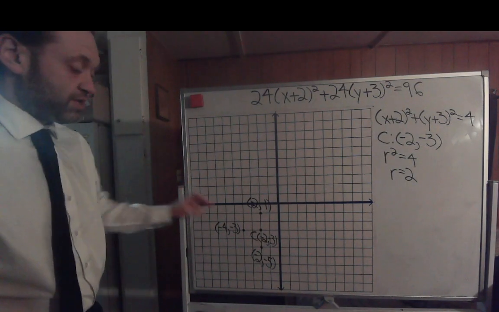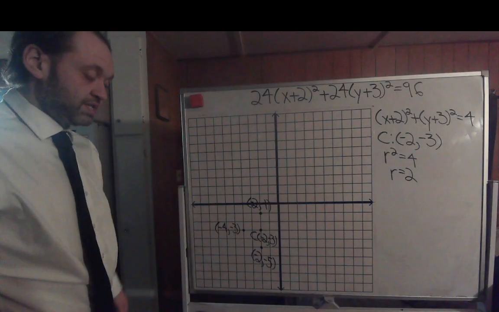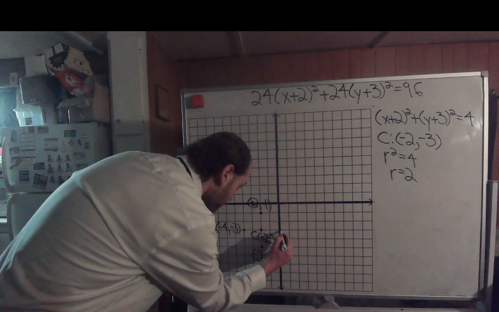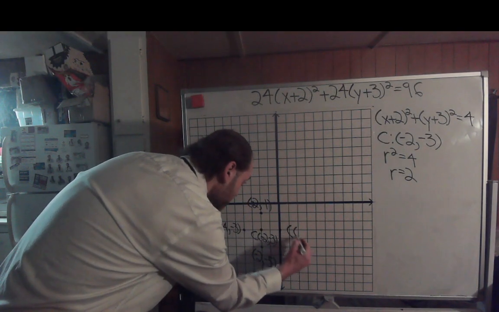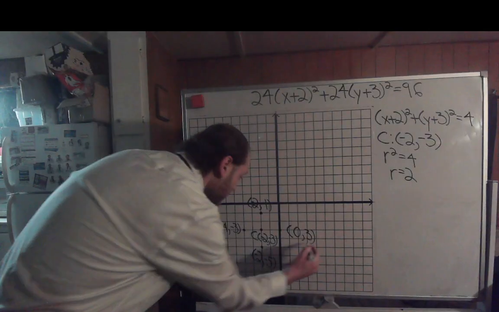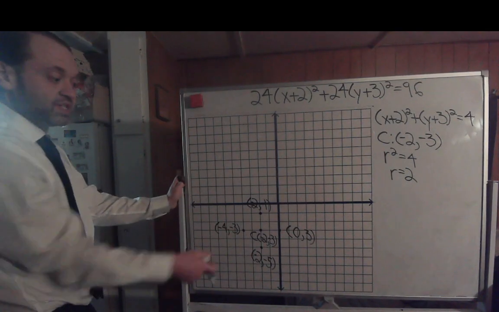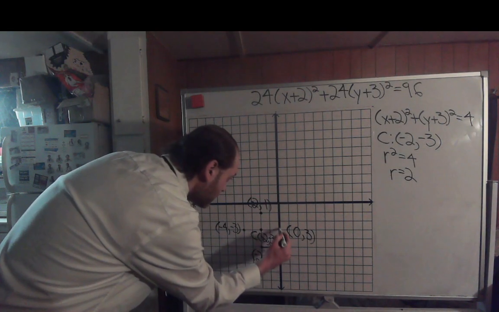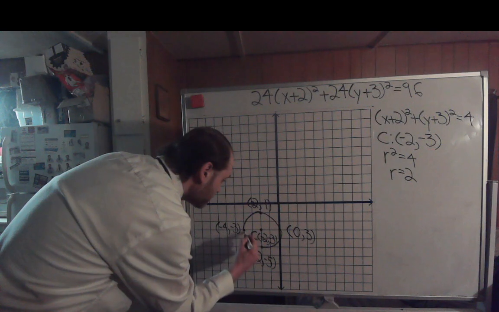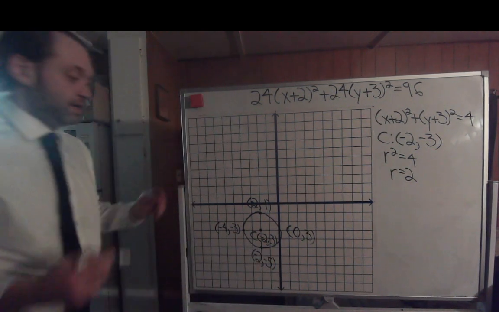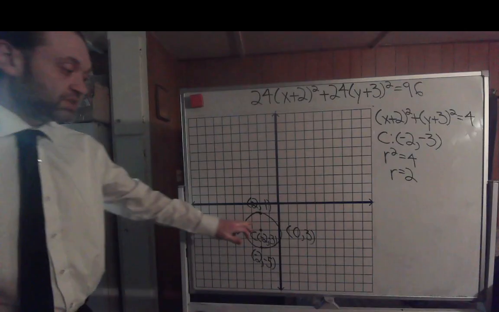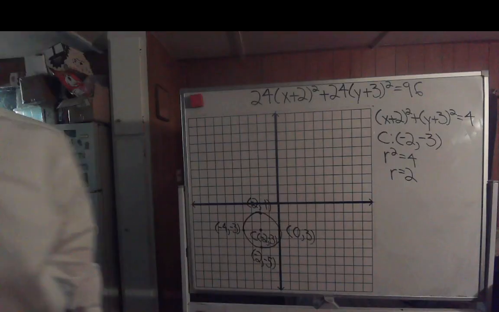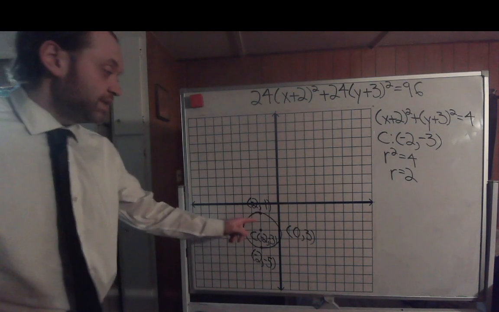And if I go to the right of the center 2 units, I would add 2 to negative 2 and get the point (0, negative 3). Now that I have 4 vertices and the center, I can go ahead and draw this. And so there is my circle with center (negative 2, negative 3) and radius of 2.